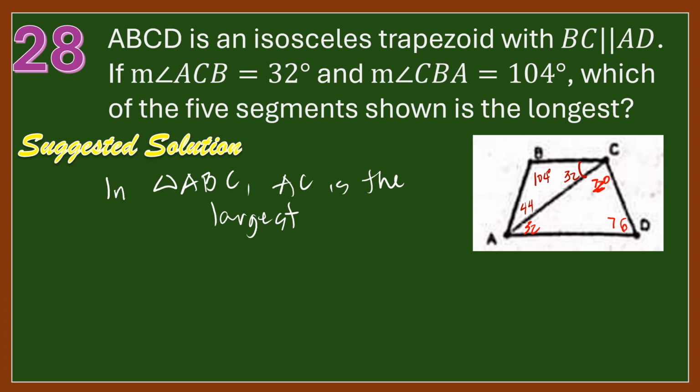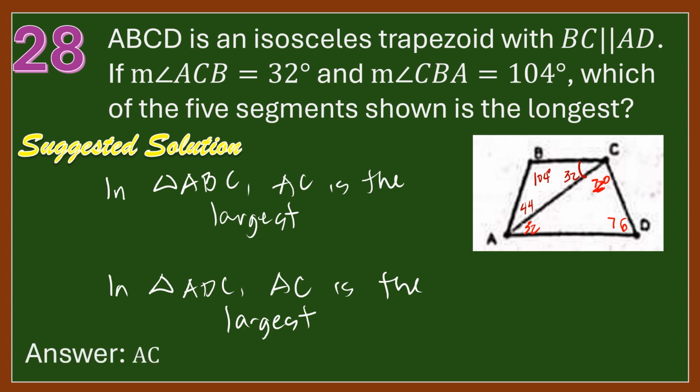Hence, in triangle ADC, angle CDA is the largest angle, and opposite that angle is segment AC. Also, in triangle ADC, AC is the largest segment or the longest segment. So, of the five segments shown in the figure, AC is the longest.